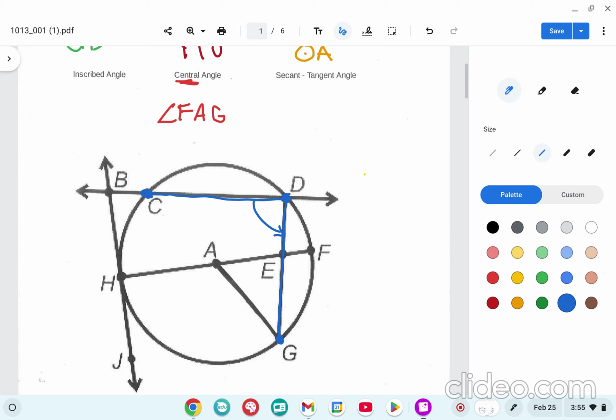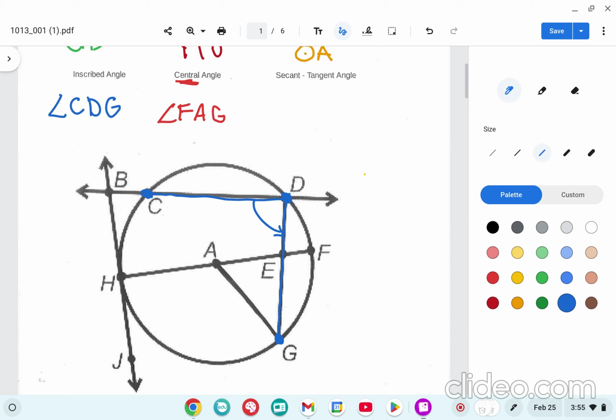Either way you put it is fine. You can see it there in blue, and so we'll go and write our answer saying angle CDG. And that's an inscribed angle.